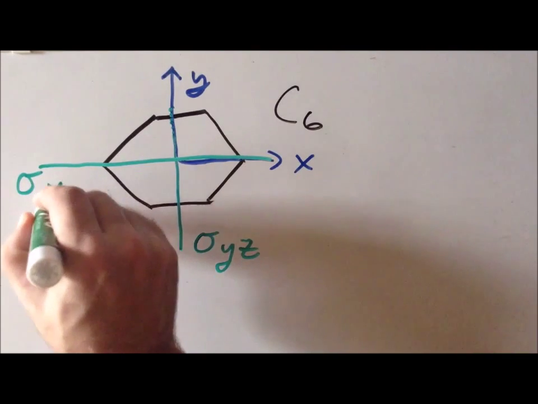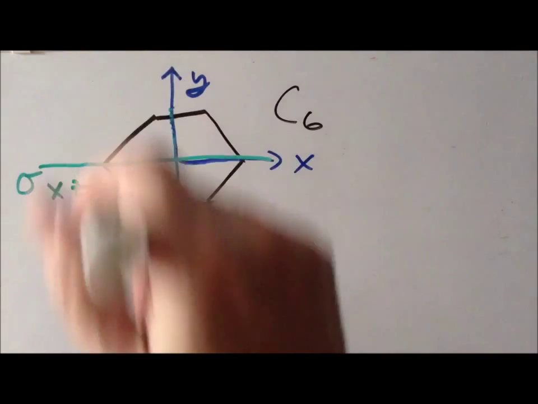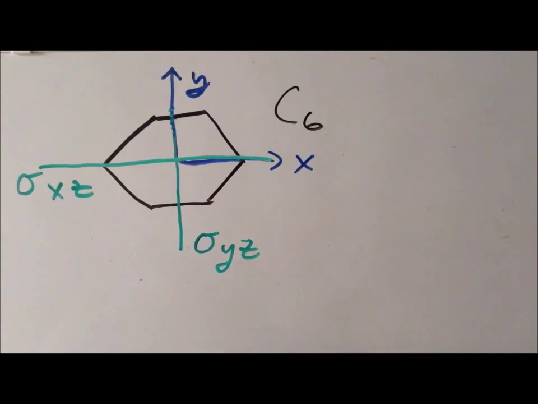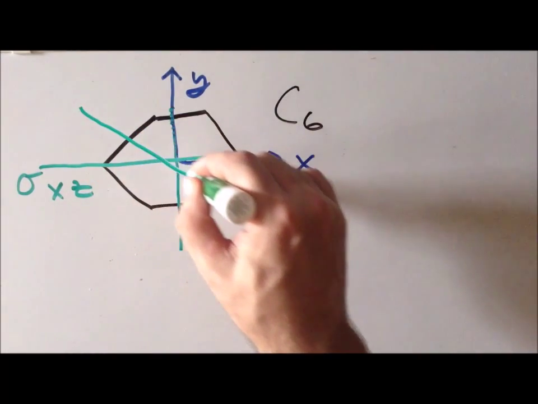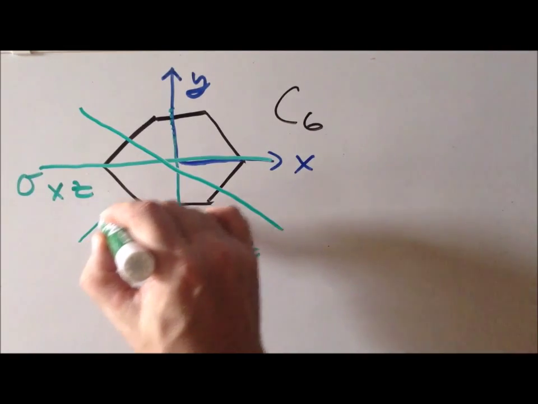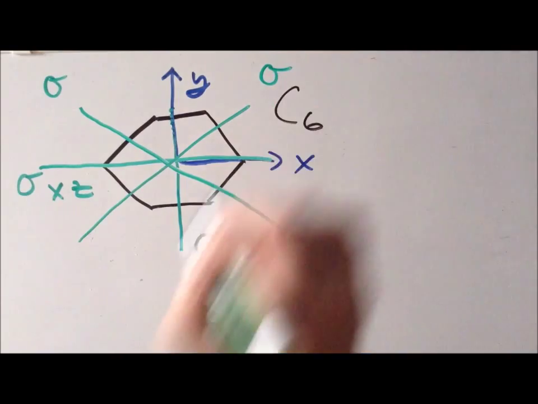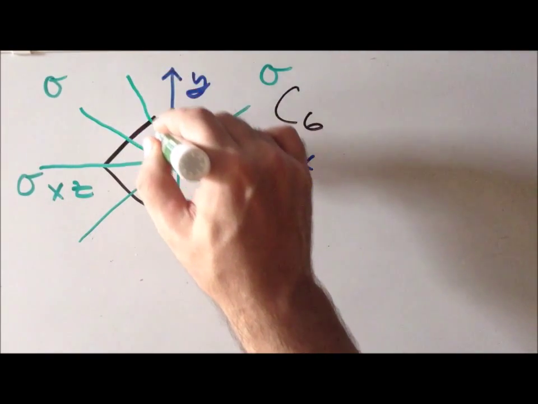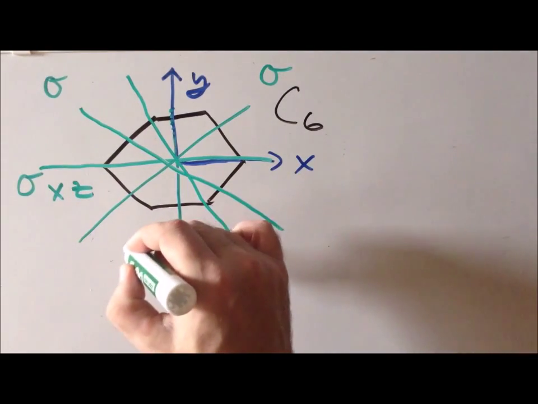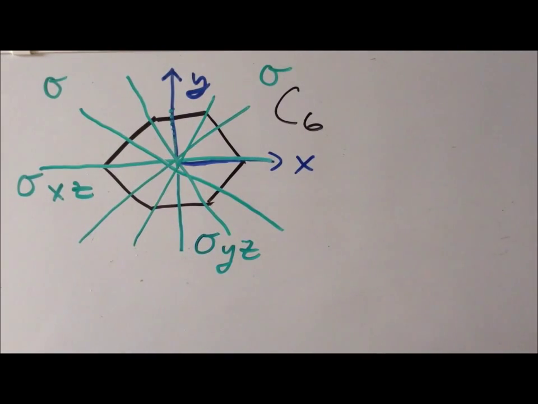We also have a number of different mirrors. We have mirrors that go through the center of each face. So we have two more mirrors that go along here. We also have mirrors that go through the vertices. So I have a mirror that goes along here, a mirror that goes along here. Now, in this particular case, the mirrors that go through the vertex on each side we call sigma v. Those are called vertical mirrors.